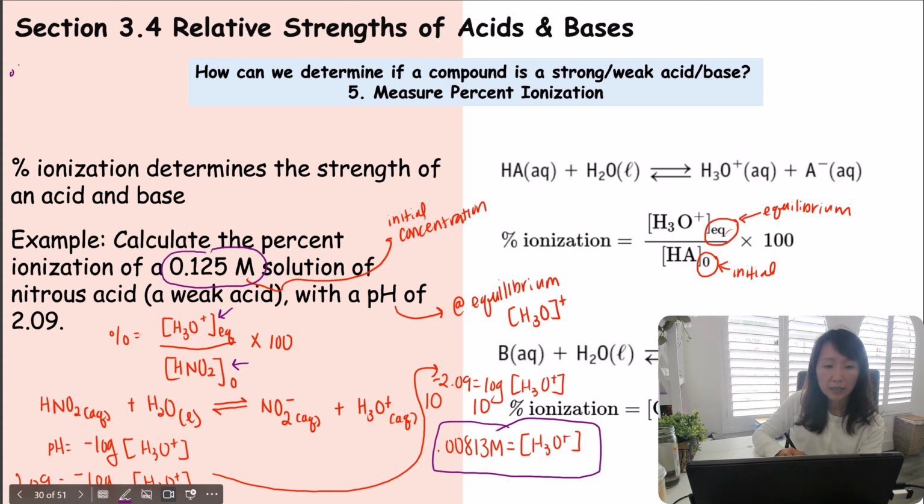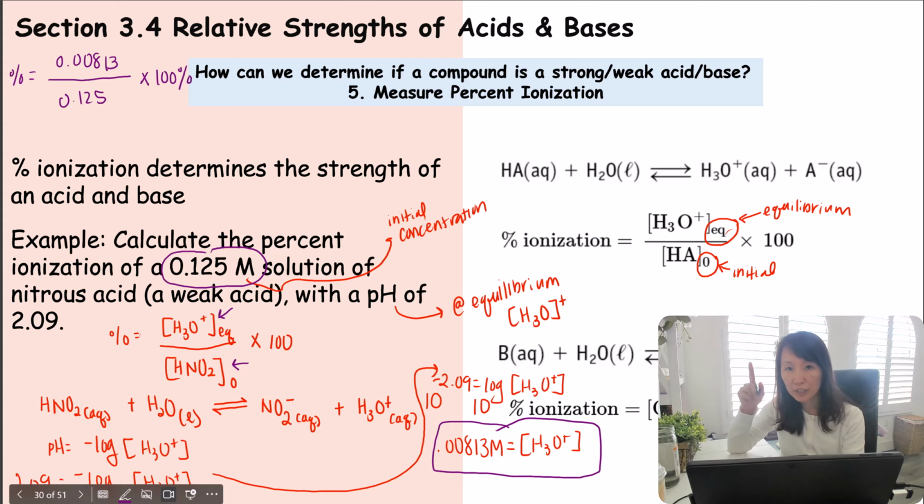So percent is equal to the hydronium concentration, 0.00813, all over 0.125, times 100. In your calculator, you might have a percentage button, but don't use that. Just divide the two and then multiply by 100, and you should get 6.50%.